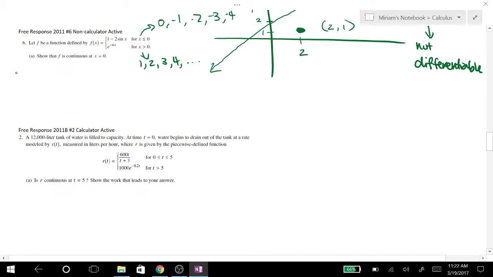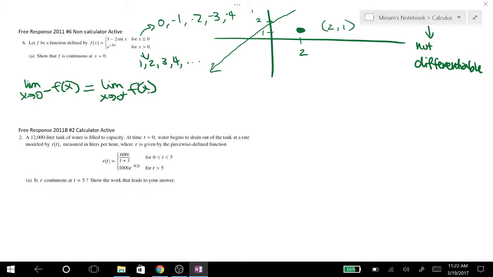You have to show that the limit on the left at 0 of f of x should be equal to the limit on the right of f of x. They should be equal. If they're not equal, then you say it's not continuous. If they are equal, then it is continuous.